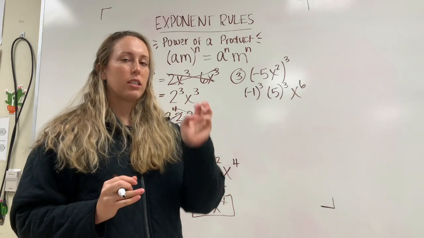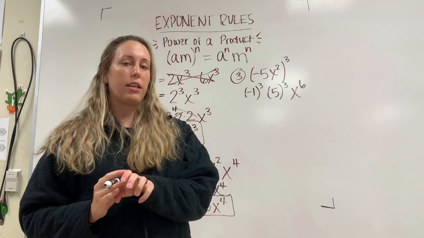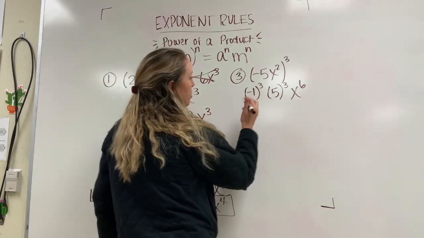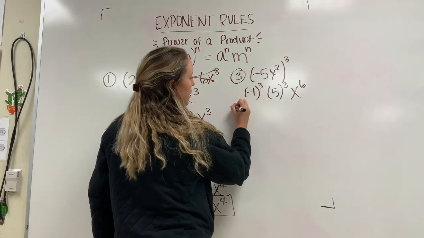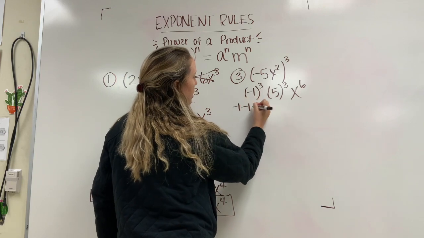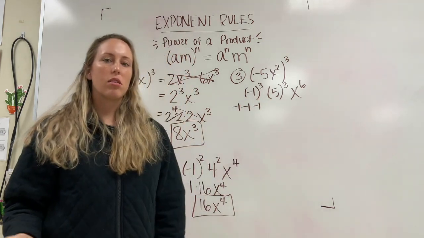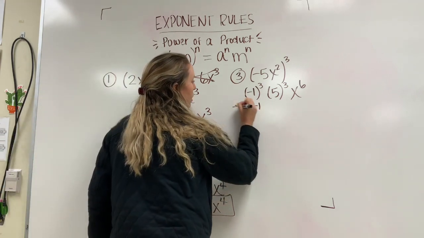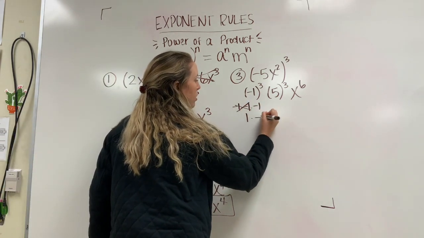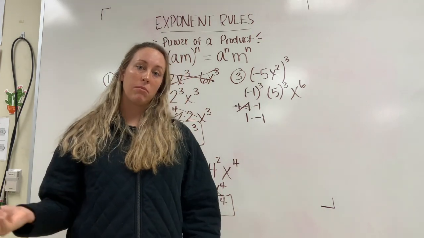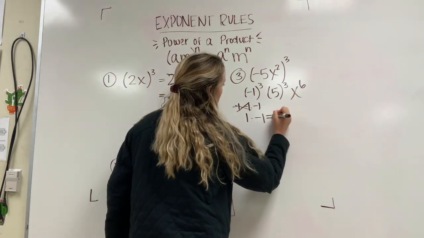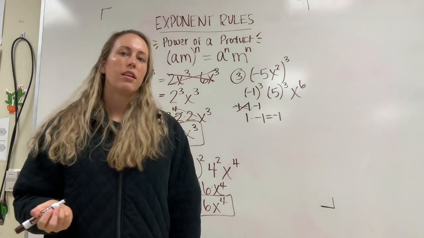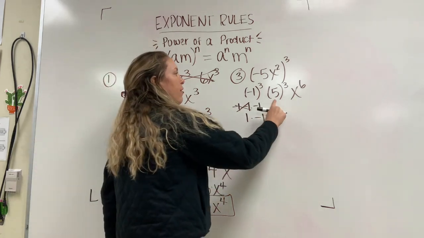Okay, exponent to an exponent, we multiply. -1 cubed means -1 times -1 times -1. All right, so think about that. -1 times -1 equals +1. Now we have +1 times -1. That equals -1.